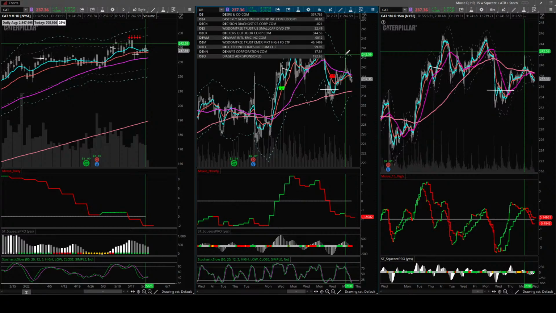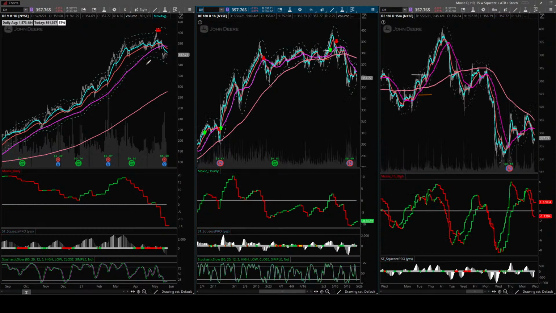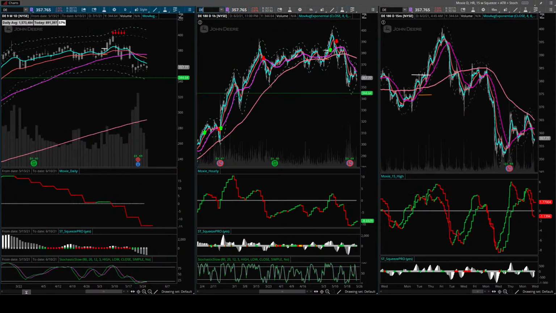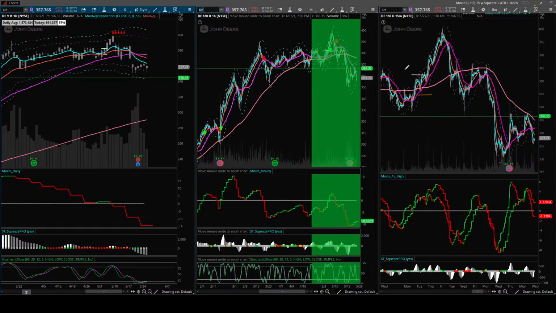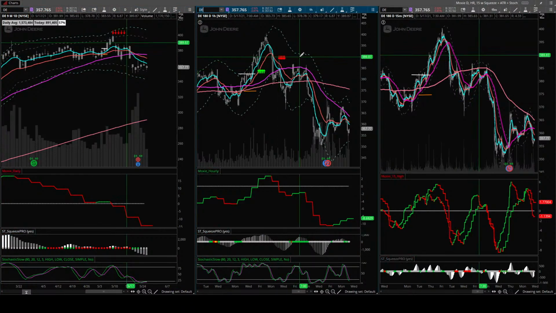Then if we take something similar, but in a very different kind of position, look at DE. It broke going into earnings. And one of the clear things that we could see right here was price about May 17th running right into the underside of the hourly 50.